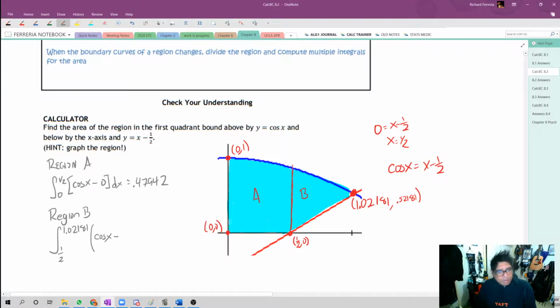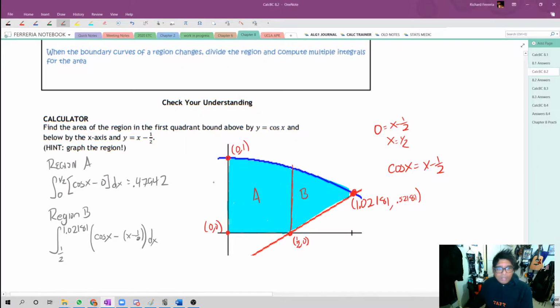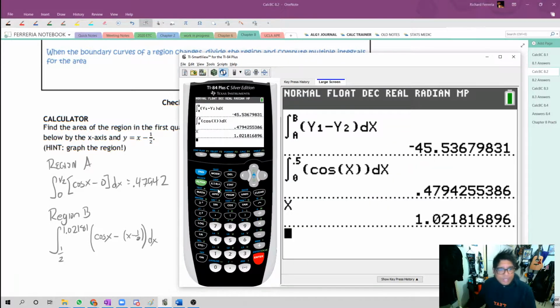The bottom curve is now x minus 1/2 dx. So let's put that into our calculator. First of all, let's make sure that x didn't change. Oh, 1.021. Oh, yes. Okay, let's store that as b.